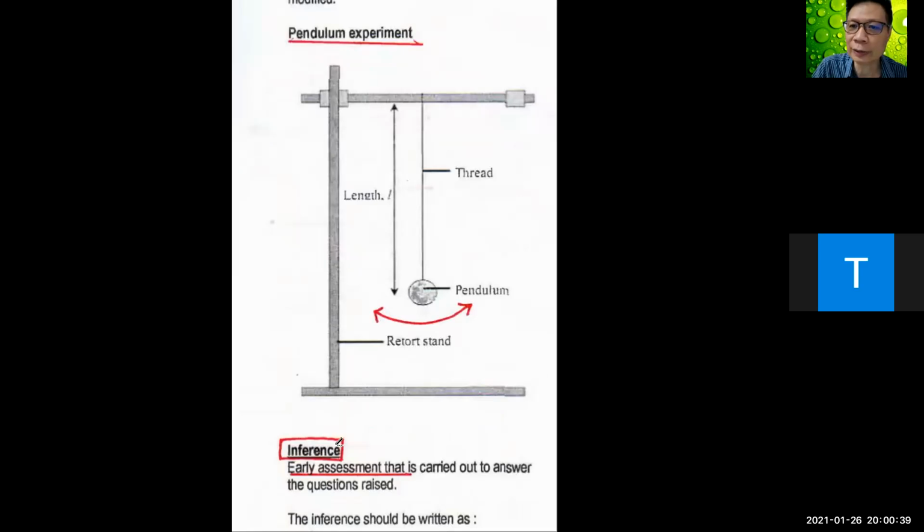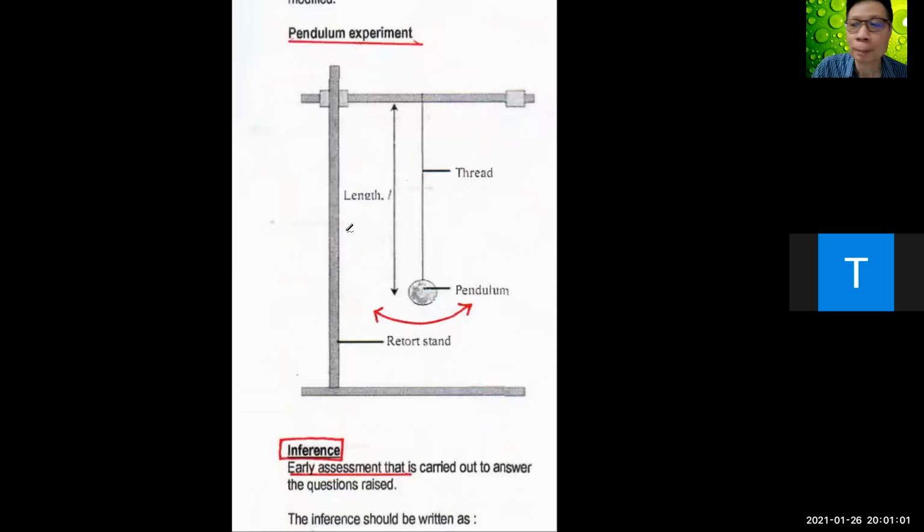第一个你要写的就是 inference. Inference is what? Highlight, 是 early assessment. When you look at the diagram, your early conclusion is what? 最初的结论是什么？Inference, early assessment, to answer the question.